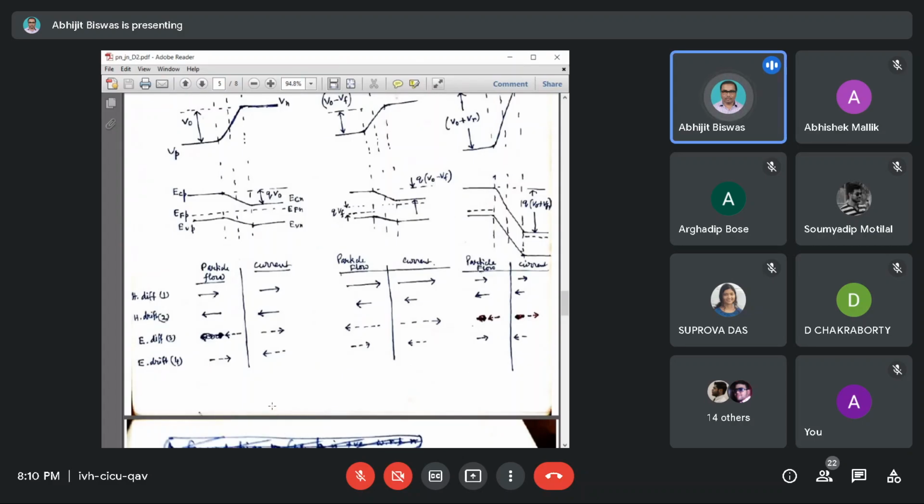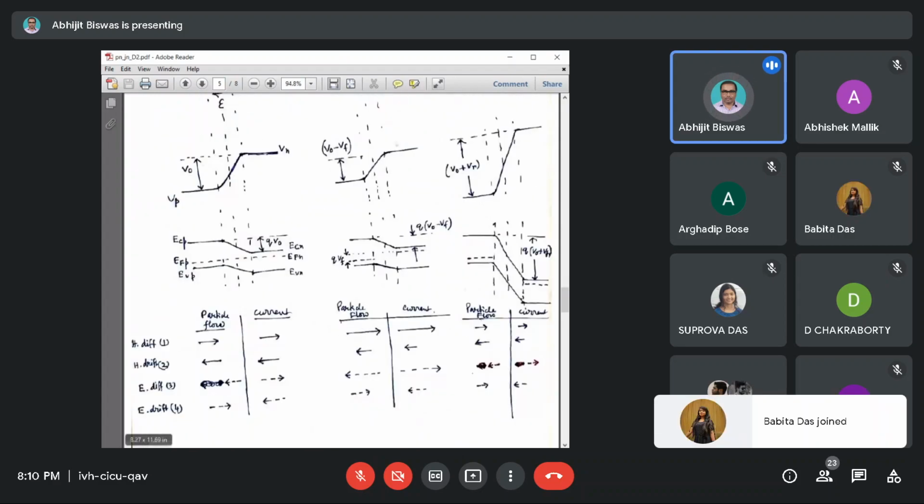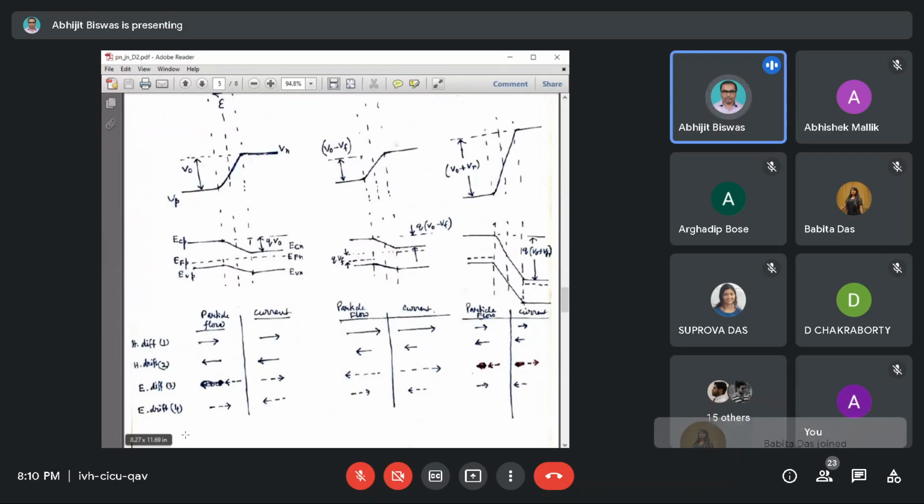Electron flow and corresponding current flow are shown by dotted lines, and they are opposite because electrons carry negative charges. So I think it is clear, all the four components of current which flow across the PN junction. If you have any doubt, you can ask me. Anyone?